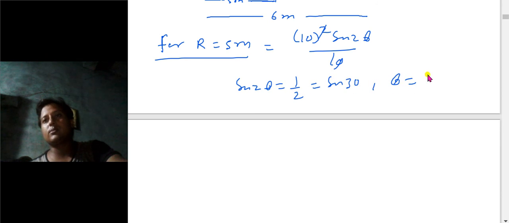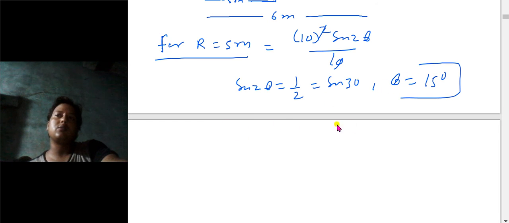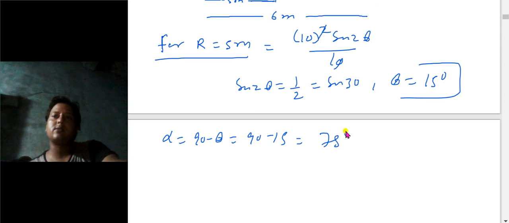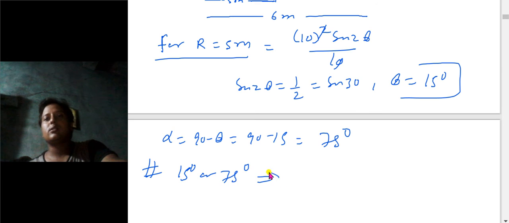So theta is 15 degree. Or the complementary of this angle, alpha is 90 minus theta, 90 minus 15, 75 degree. So for 15 degree or 75 degree, range is 5 meter.